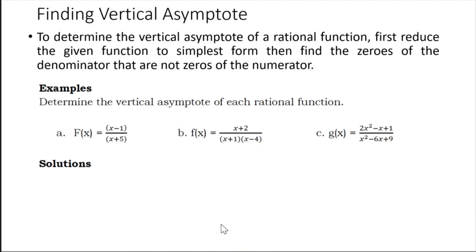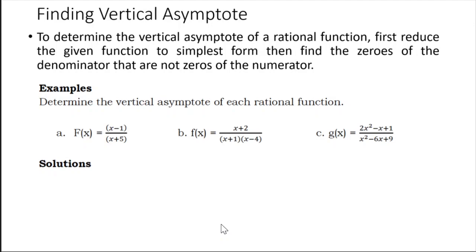Then, to determine the vertical asymptote of a rational function, first reduce the given function to the simplest form, and then find the zeros of the denominator that are not zeros of the numerator.